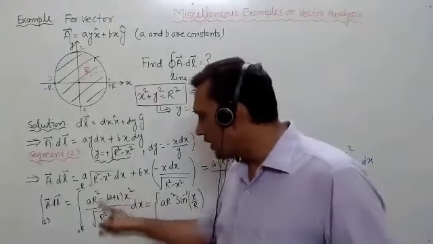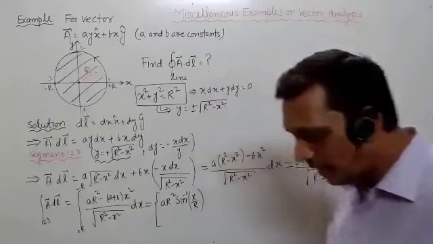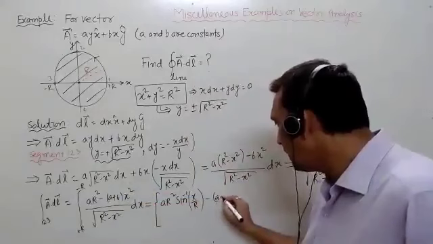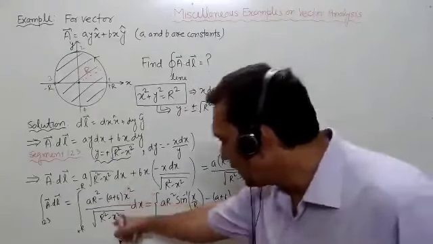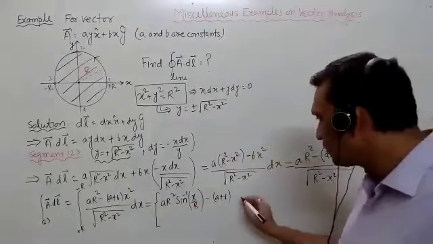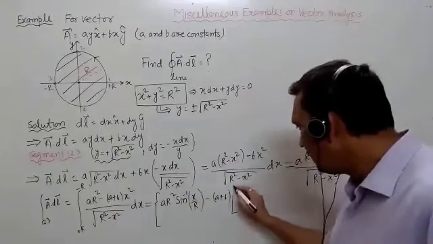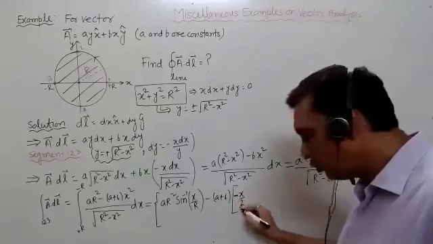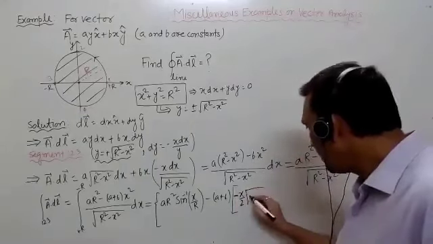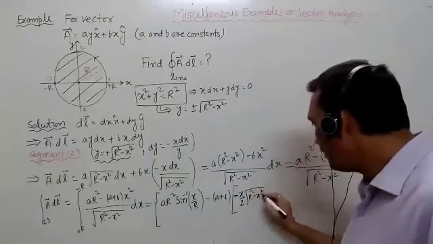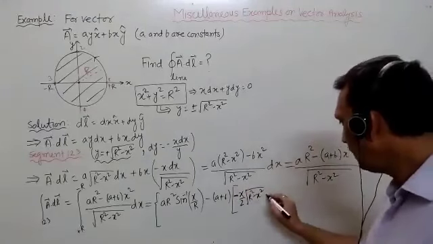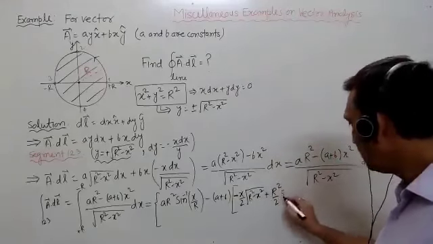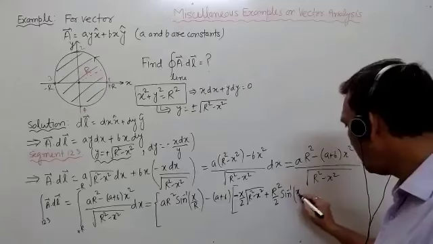The integral of 1 by root r square minus x square dx is sine inverse x by r. If you integrate x square by root r square minus x square, you have two terms: minus x by 2 root r square minus x square, plus r square by 2 sine inverse x by r.